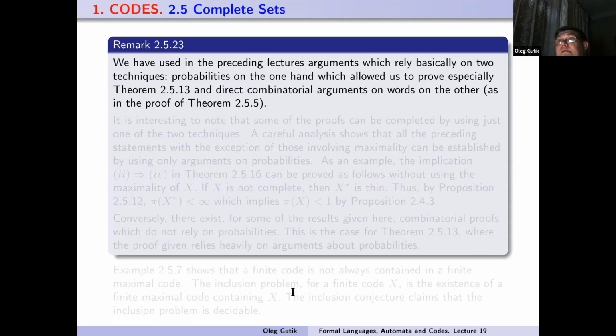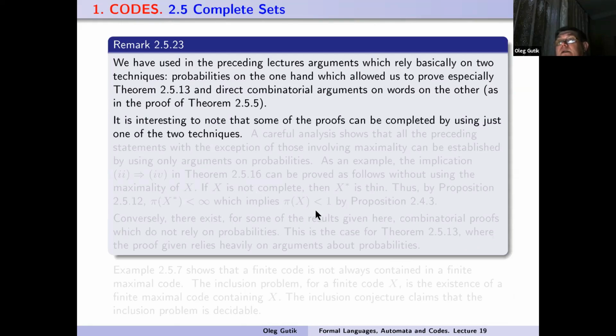Remark: we have used in the preceding lecture arguments which really rely basically on two techniques: probabilities on the one hand, which allows us to prove especially theorem 2.5.13, and direct combinatorial arguments on the words on the other, as in the proof of theorem 2.5.5.